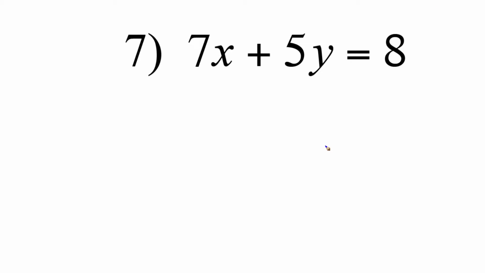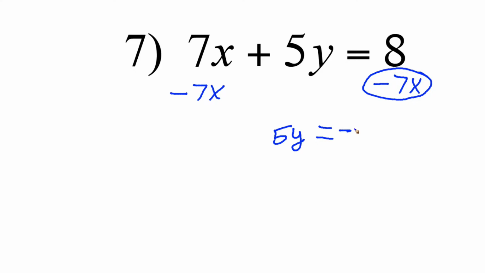Next, and again, we're just doing practice, example after example. First step, again, opposite x. So we're going to do the opposite of x on both sides. And we have 5y equals, x always comes first, so negative 7x, and then we have a positive 8.